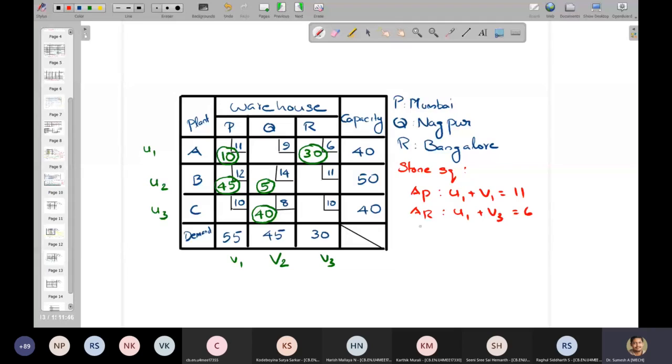Then it will be BP. So BP will be U2 plus V1 equals 12. You will have BQ.